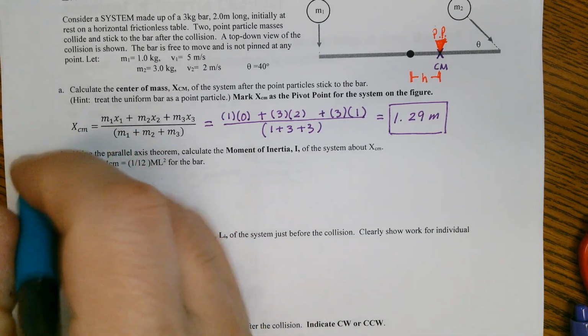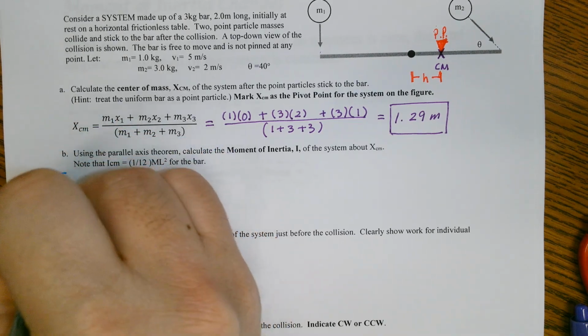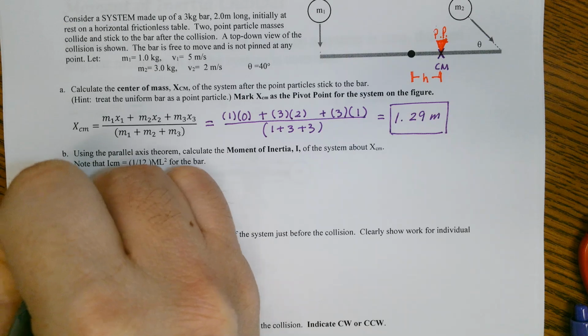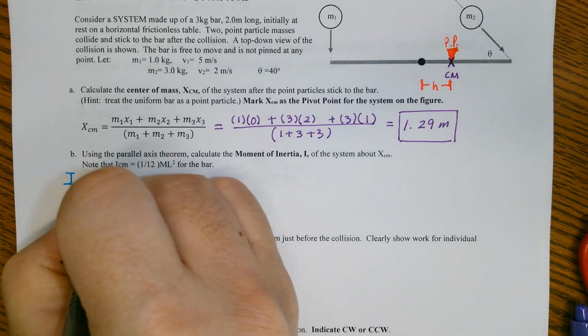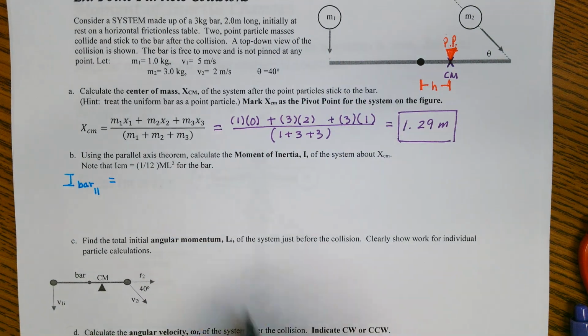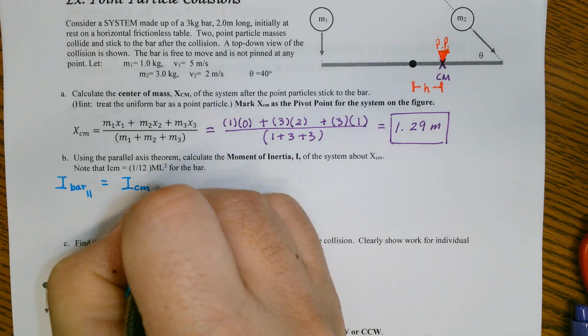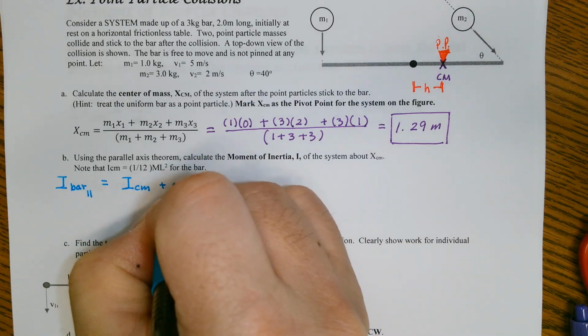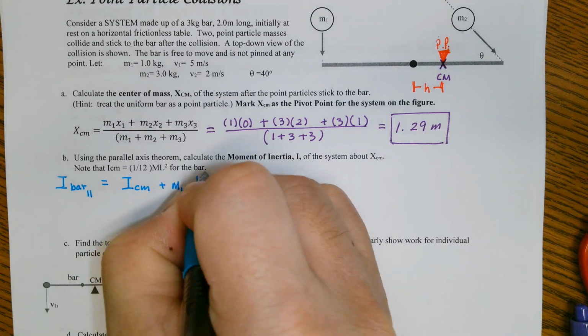First, we need to find the I of the bar, which is parallel with the center of mass. That is I sub cm plus m bar h squared.